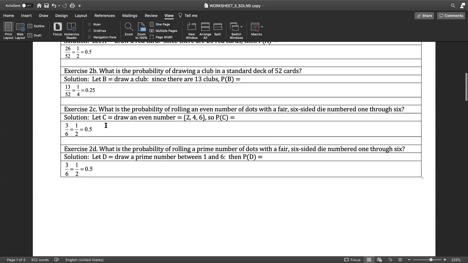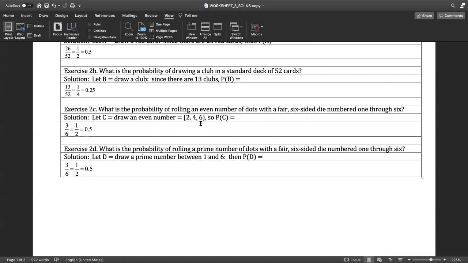In the next one, what is the probability of rolling an even number of dots with a fair 6-sided die numbered 1 through 6? Let's write out the event of an even number. Let's call that C. It consists of 3 elements: 2 dots on the face, 4 dots, or 6 dots.